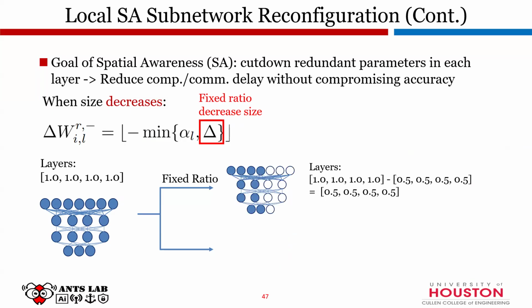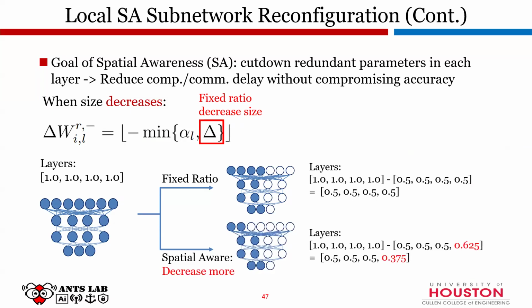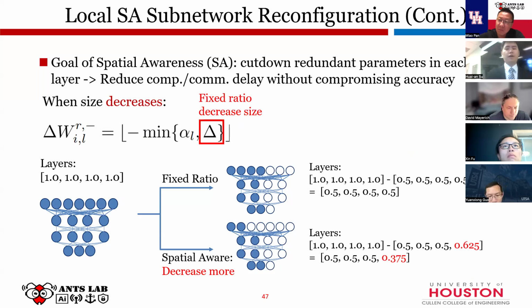With the fixed ratio, we only decrease by 0.5 in each layer, while in the spatial aware layers, we would decrease more in those dense parameter layers, which is the last layer. Instead of 0.5, we decrease more to 0.625. So in that sense, the last layer of this subnetwork is going to be 0.375.